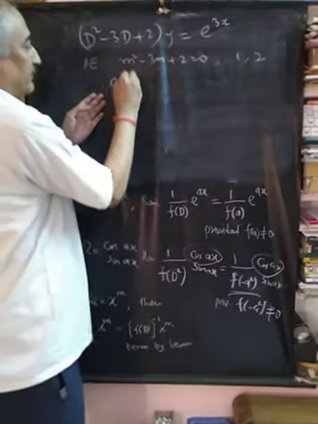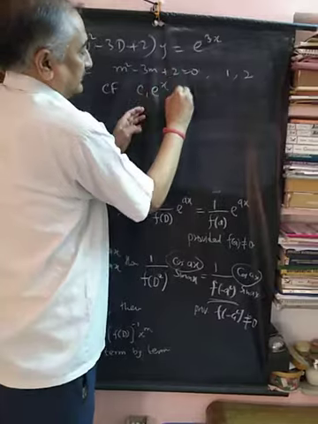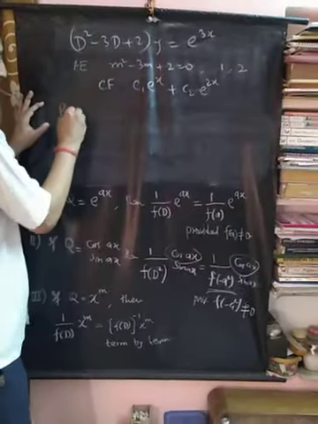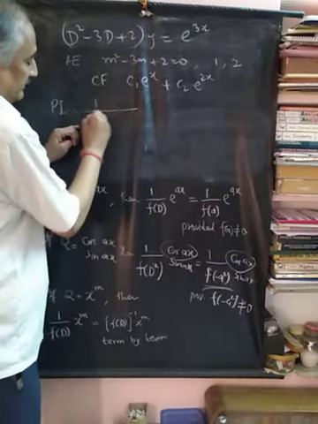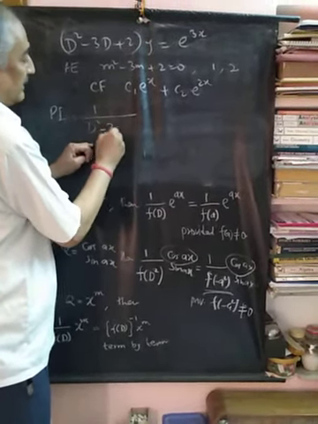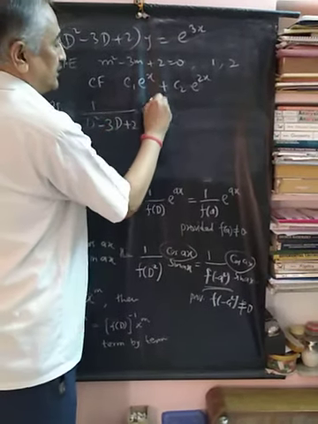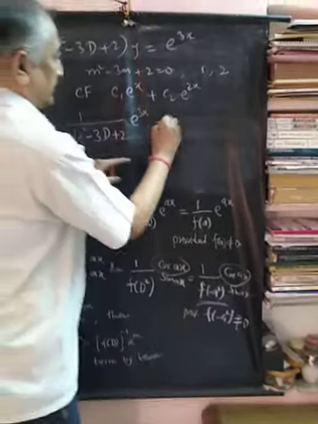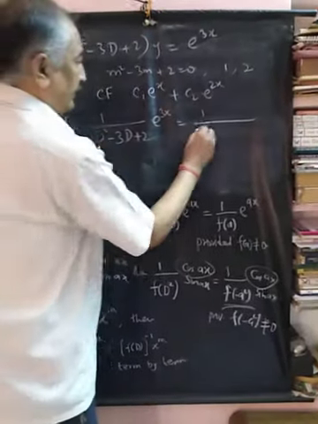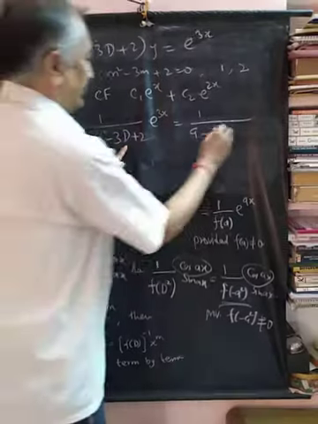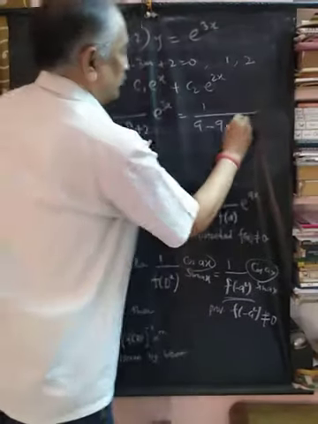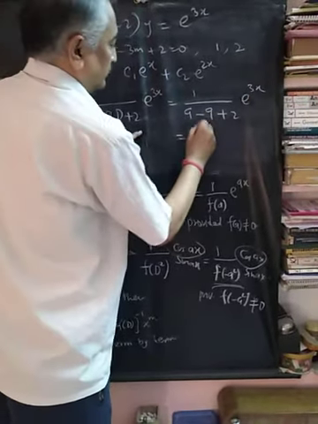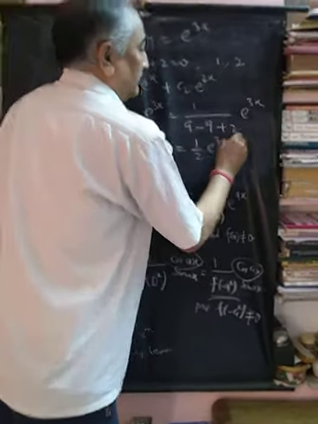So the complementary function is c1 e^x plus c2 e^(2x). The particular integral is 1 upon (D squared minus 3D plus 2) e^(3x). So you have to replace D by 3. So this is 1 upon (3 squared, 9, minus 3 into 3, 9, plus 2) e^(3x). So 9 cancels, this is 1 by 2 e^(3x).